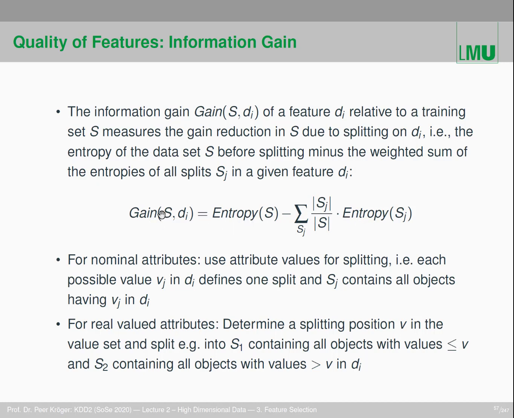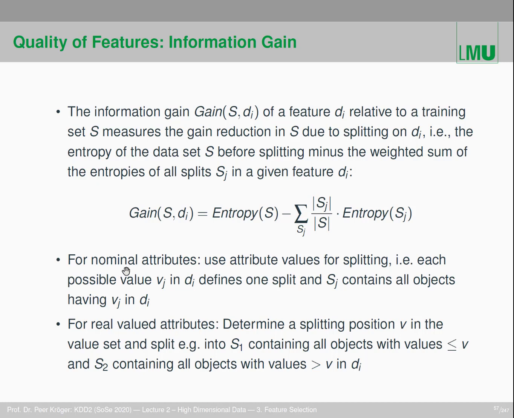So you want to optimize or maximize the value of this gain here. The other way around, if entropy is small and the sum is more or less the same as this entropy here, you get a small gain, meaning that the splits did not really improve the entropy before. So you want to maximize this gain value.